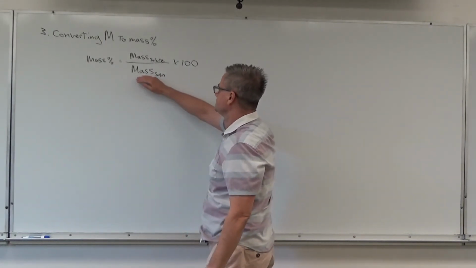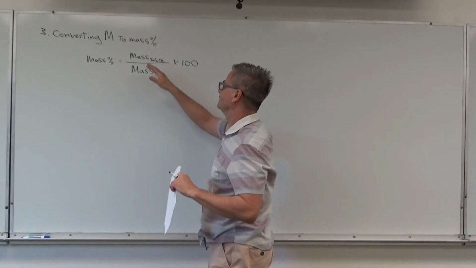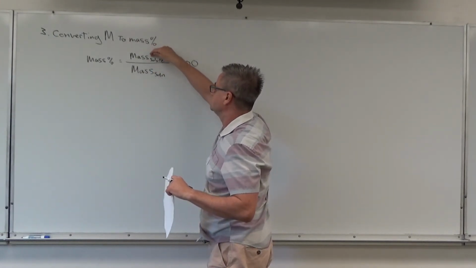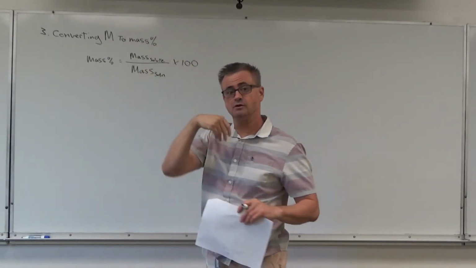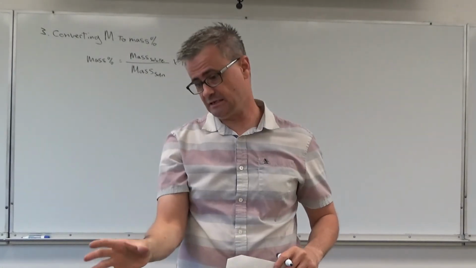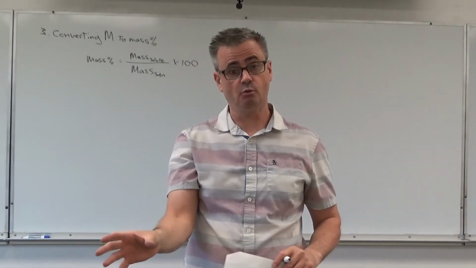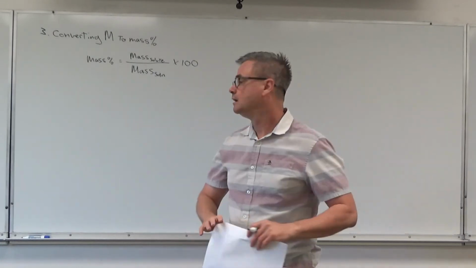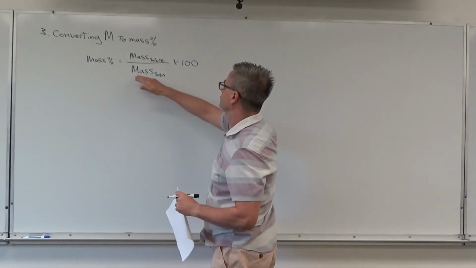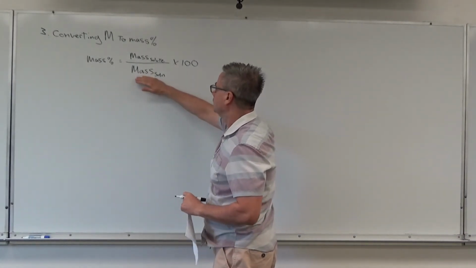And when you're figuring out the mass of the solution, you don't need to do something wacky like add the mass of the solute to that. That's already incorporated in the density. If you have the density of bleach, it's not the density of water, it's the density of bleach. So that's already factored in.